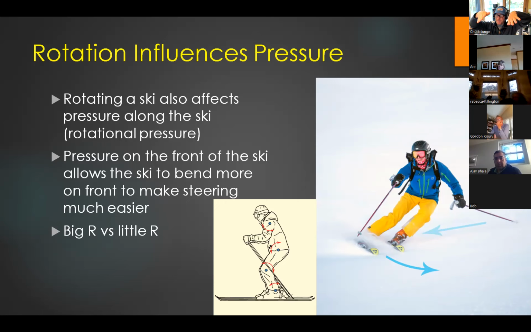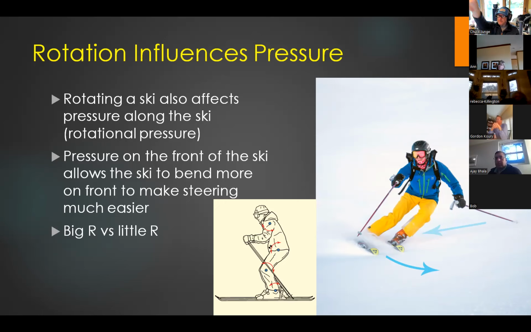and you pressure the tips, now you're really focusing more pressure on a smaller area, which causes the ski to bend more. And that's the fact that the ski also has camber in it, which helps put more pressure on the tips and tail anyway, just as a natural part.